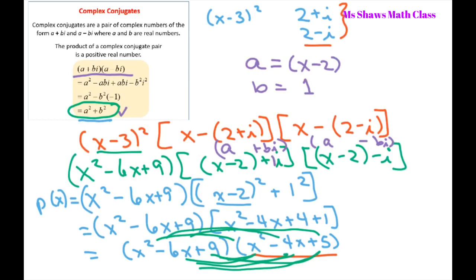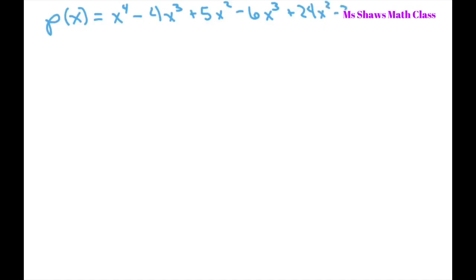I did it very quickly, so go ahead and FOIL all that out and then check and see if we got the same thing. What I got was p of x equals x to the 4th minus 4x cubed plus 5x squared minus 6x cubed plus 24x squared minus 30x plus 9x squared, I'm running out of room, minus 36x plus 45.